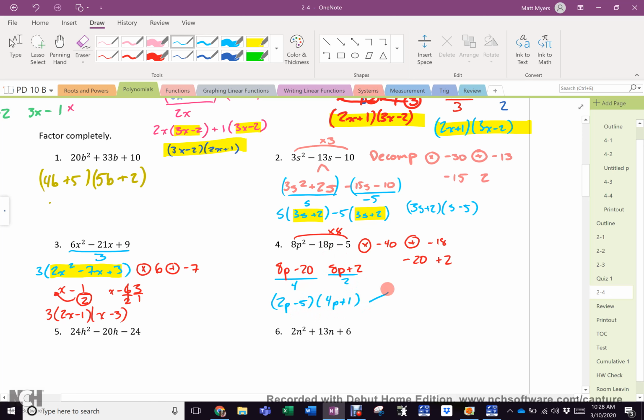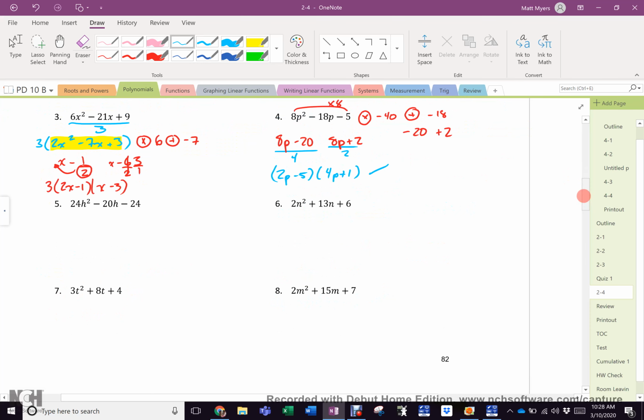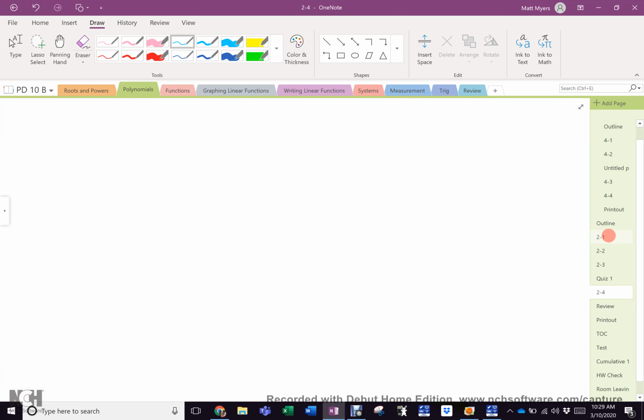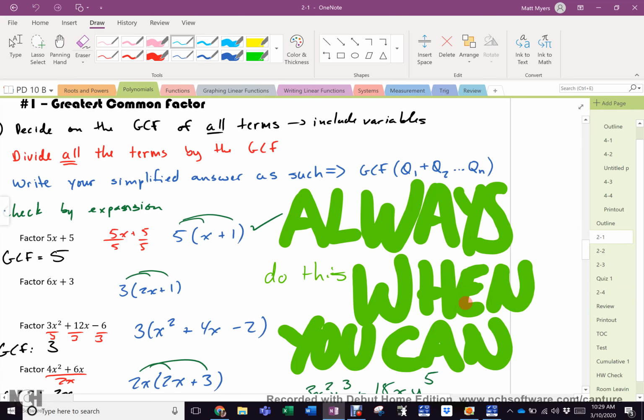You've seen all 4 methods now. Okay. Let's look at 5. What you gonna do, kid? No. Before you decide on your factoring method, you need to GCF. Why, Mackenzie? Because you GCF whenever you can, just like it's written right here in giant green letters.